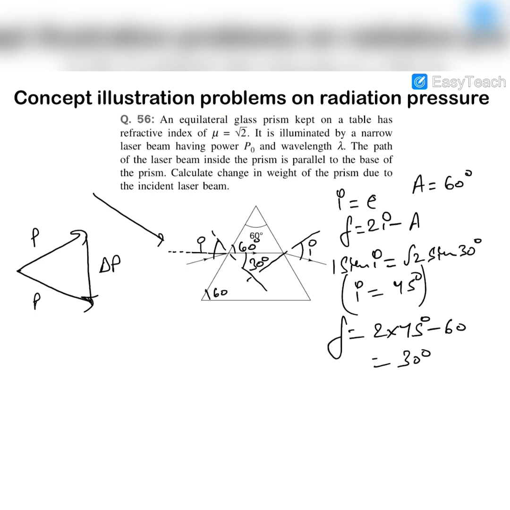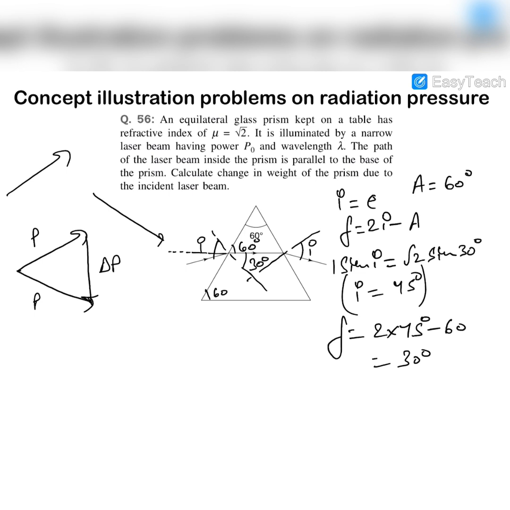If the x components of these two momentums are compared, there is no change in momentum in x, therefore the momentum change will be in the downward direction. Initially it was in this direction, and finally it was in this direction.